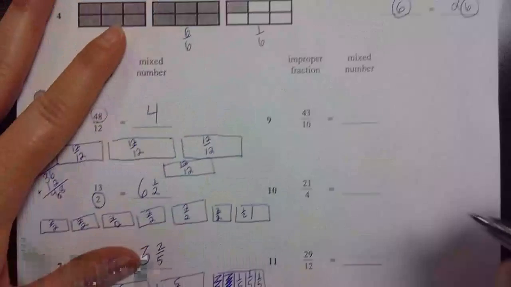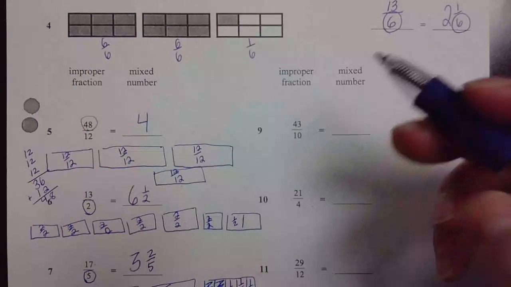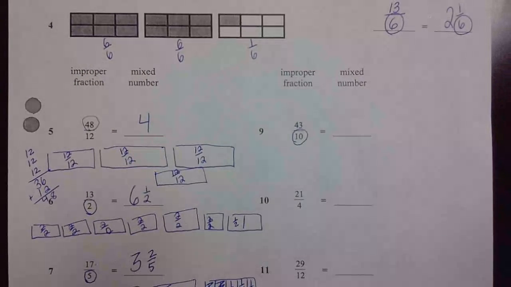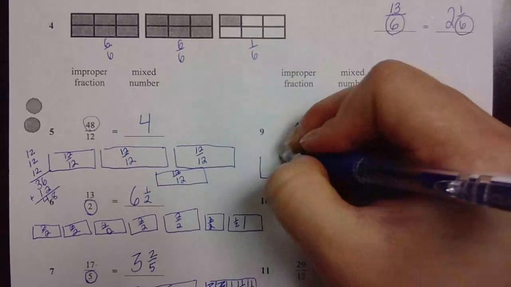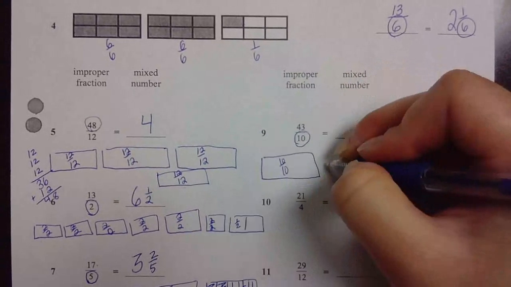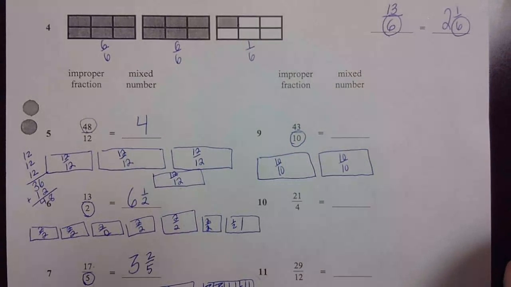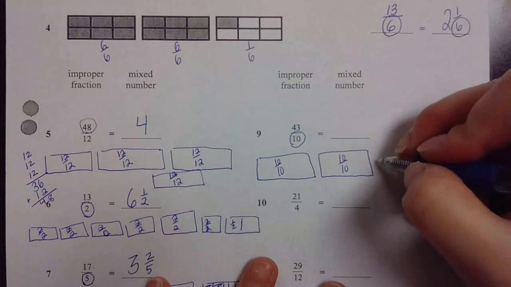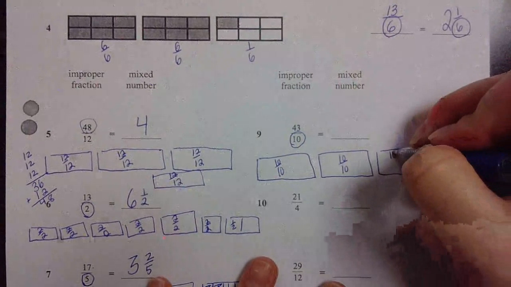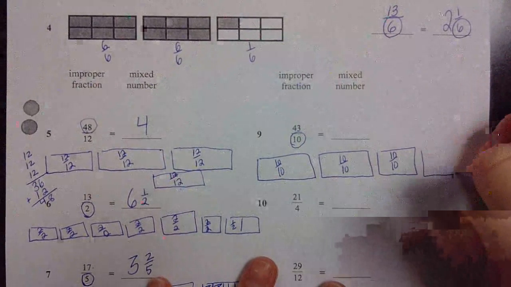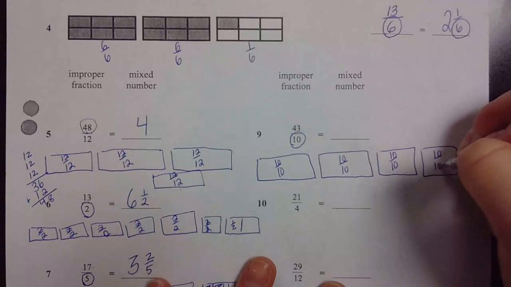All right, let's see. 43 tenths. Who's my divisor? It's the tenths. So we're going to say 10 tenths would represent a whole. Here's another 10 tenths. What would be 20 tenths? Here's another 10 tenths, which is 30 tenths. Here's my 40 tenths.